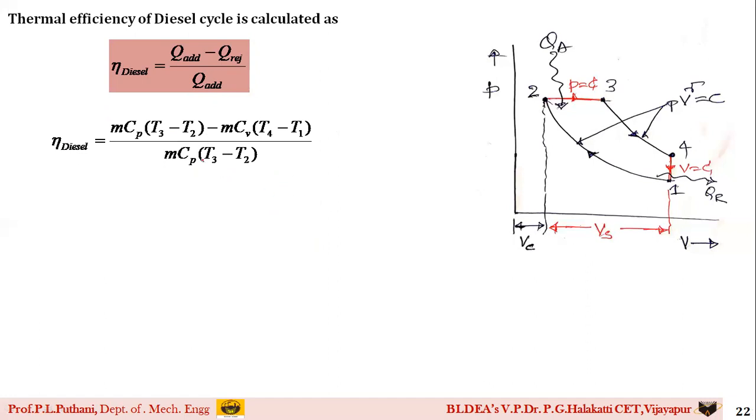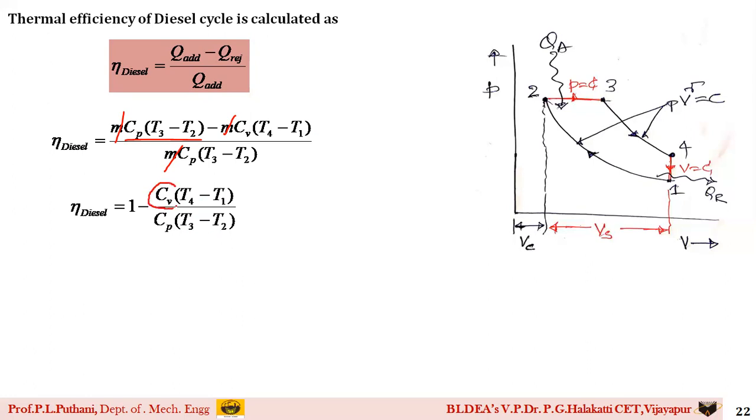If you observe carefully now, students, the mass of air is common everywhere, it gets cancelled. Then I will take the Cp (T3 minus T2) to the other side, which means on simplification my equation becomes: 1 minus Cv (T4 minus T1) by Cp (T3 minus T2).